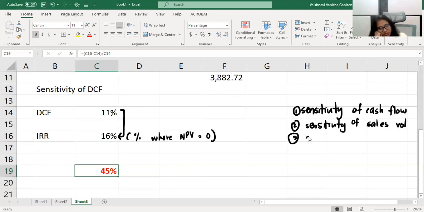And number three, sensitivity of discount factor. So we have already learned this. I've taught you this. This is exactly the same of cash flow. The only difference is for sales volume, we will use contribution. And now sensitivity of discount factor, I'm doing it here. So please make sure you know how to calculate all three because examiner can ask you, especially when he thinks that students are not so well versed with this.